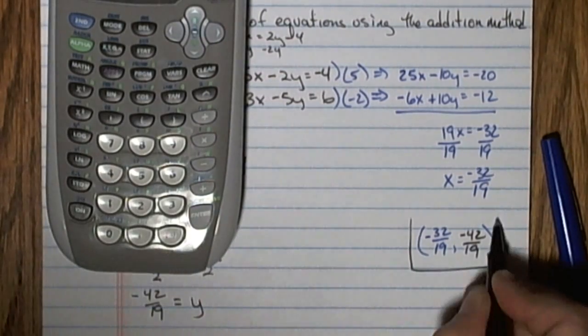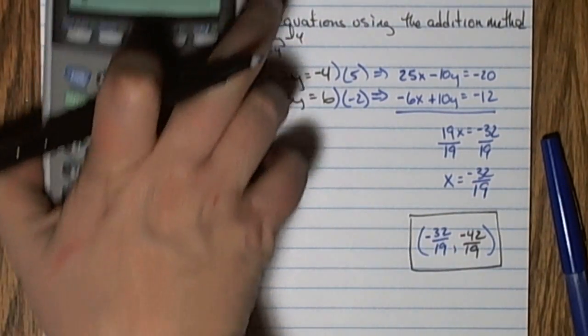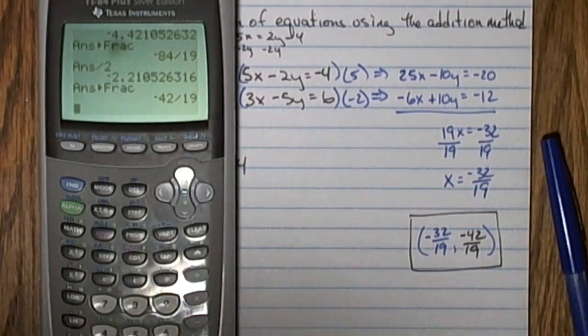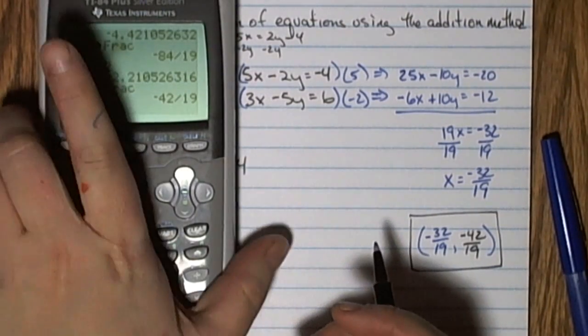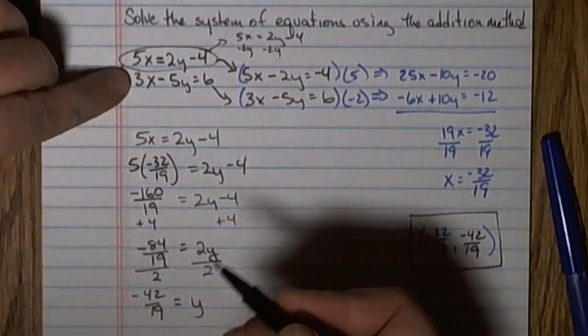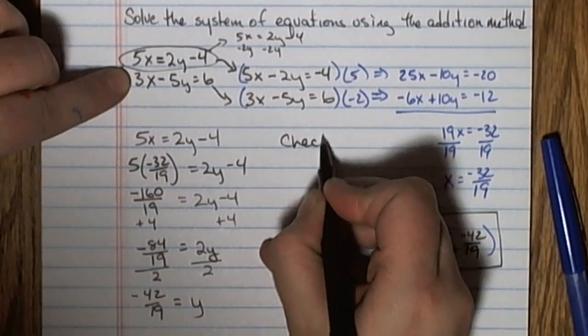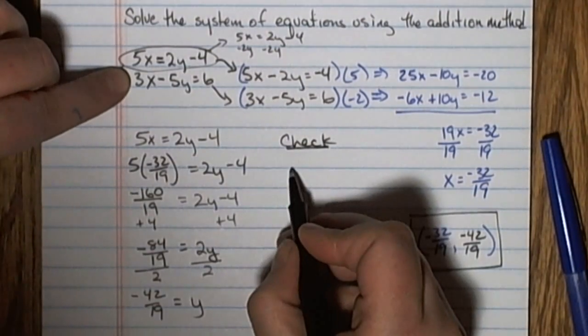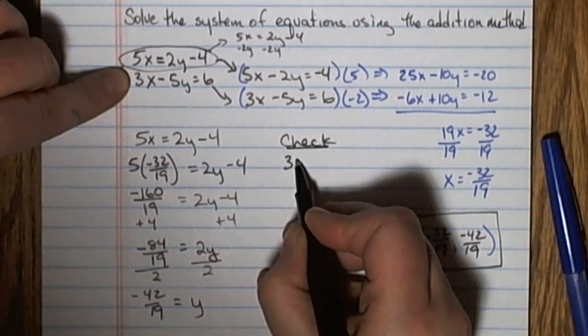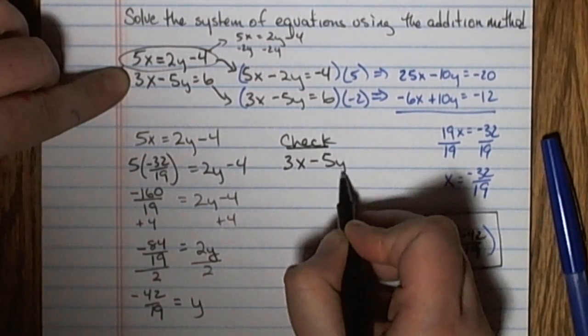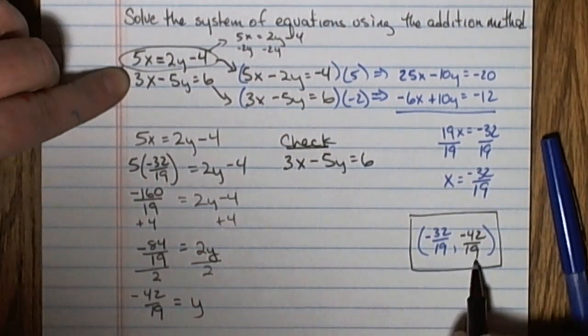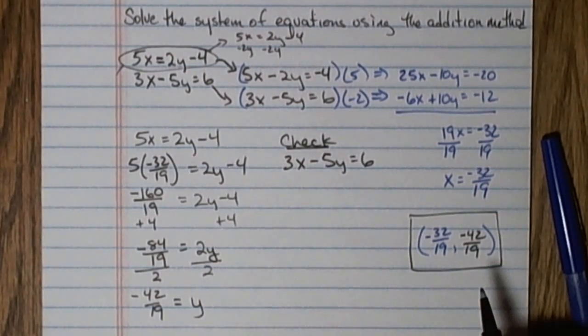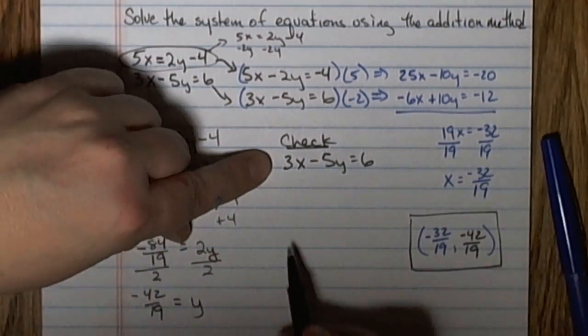And that was my solution, and this one seems like a really good one to double check. So I'm going to take the equation that I did not just use, the second equation, and do a check. For this equation I have 3x minus 5y equals 6, and I'm going to substitute in this point and make sure it is truly a solution to that equation as well.